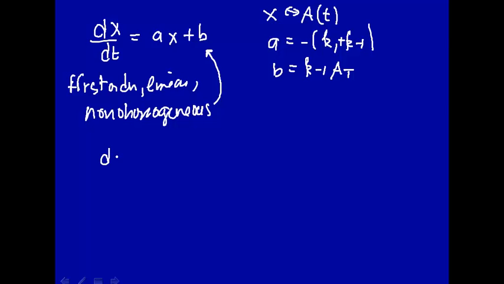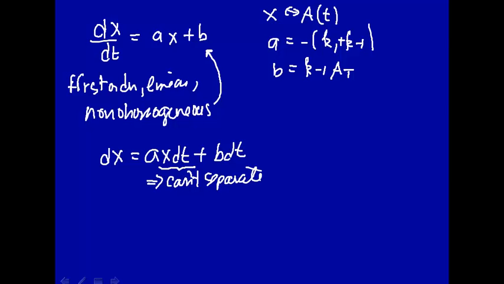Well, let's try to separate variables. dx will be equal to ax dt plus b dt. Oh shoot, there's no way you can separate x and put it over here and t and put it over here. So this implies that you can't separate variables like we did before, and so there's no easy, one or two step way to solve this equation.